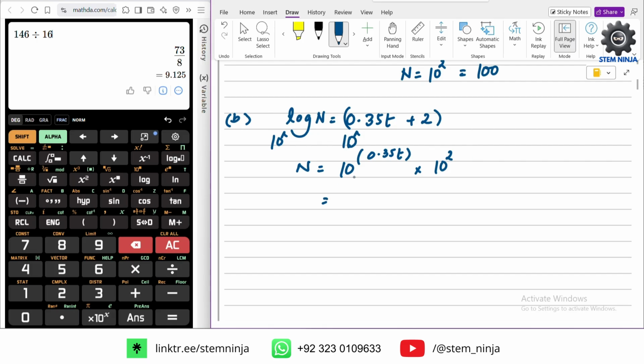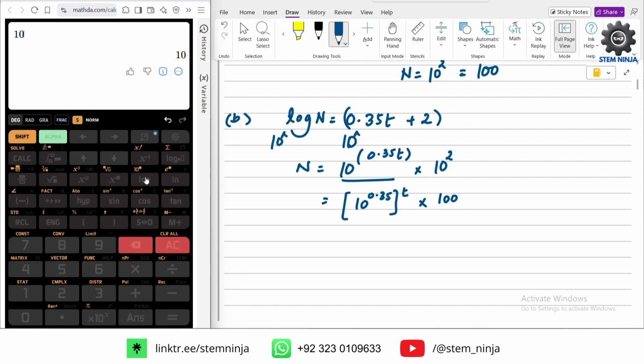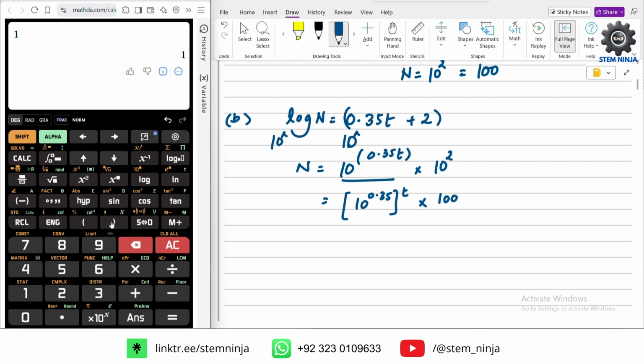So this one on the other hand can be written as 10 raised to power 0.35t times 100. So 10 raised to power 0.35 is this value.